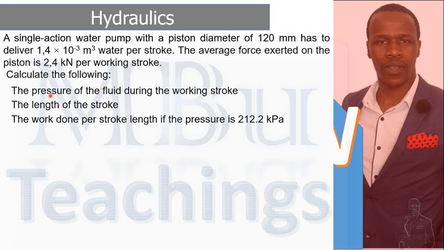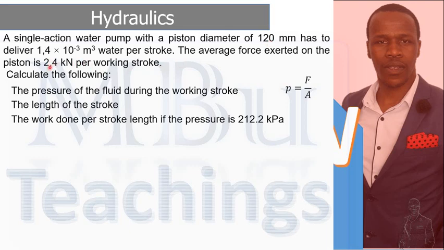How can we find the pressure? Obviously, the formula for pressure, we do have the force. We also have the diameter, so we can get the area. So pressure will be just force over area. Area obviously is pi d squared over 4. So you can get that one.